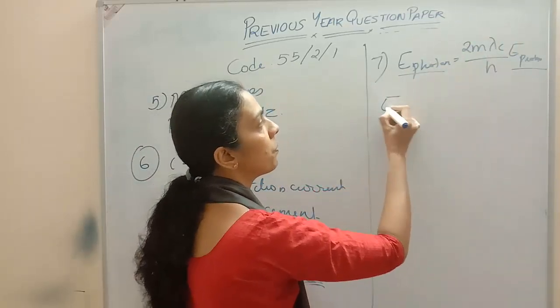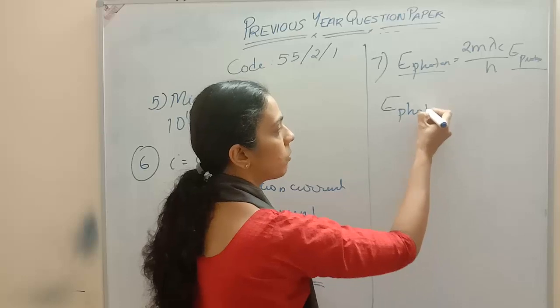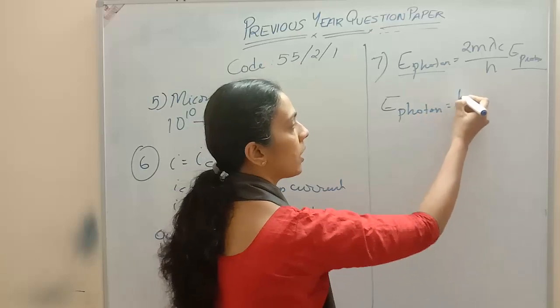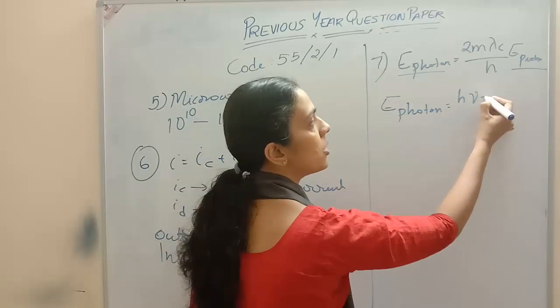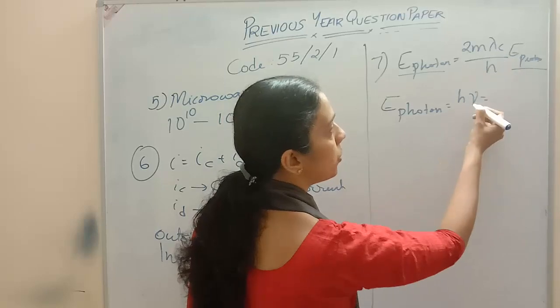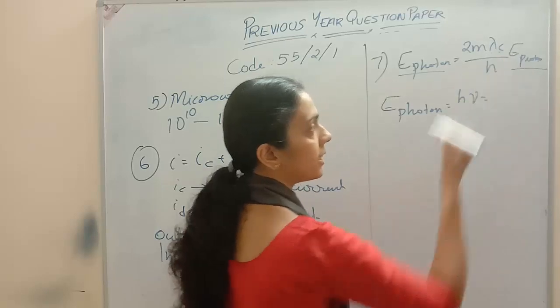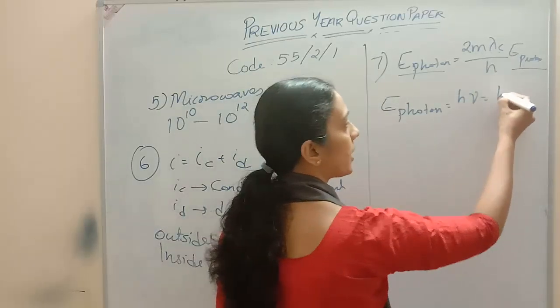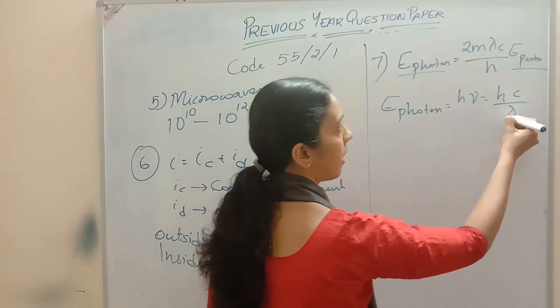What is the energy of the photon? h nu. We don't want nu, we want it in terms of lambda and c, so I can write it as hc by lambda.